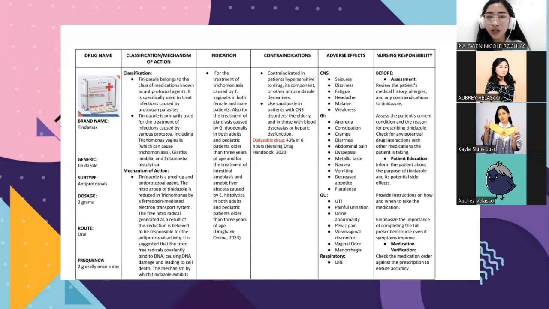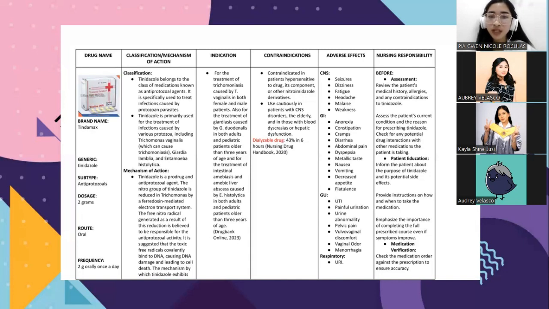UTI or urinary tract infection. Then next is painful urination. So the adverse effect of this type of drug is painful urinating. Then urine abnormality. So abnormality in urine color may be caused by infection, disease, or medicines or food you eat. Then next is the pelvic pain. So pananakit ng pelvic area.